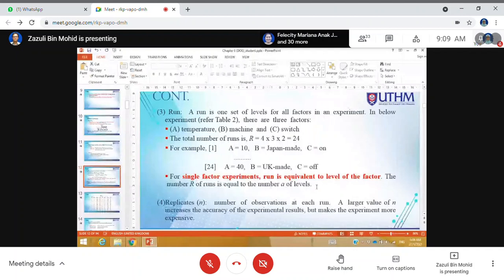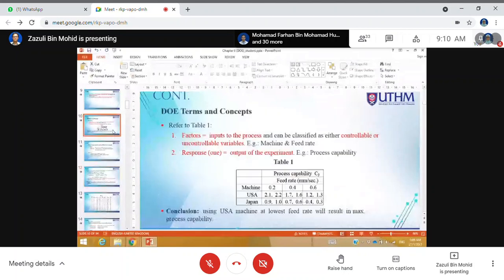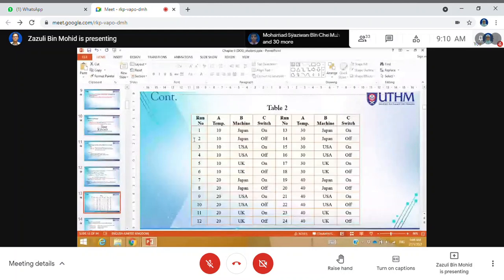Replicates N is the number of observations at each run. A larger value of N increases the accuracy of experiment results, but makes the experiment more expensive. For example, we want to conduct an experiment. For example, run 1, we have temperature 10, machine Japan, switch on.